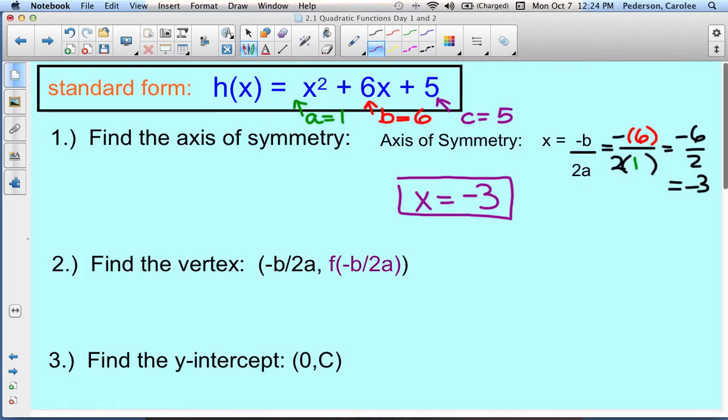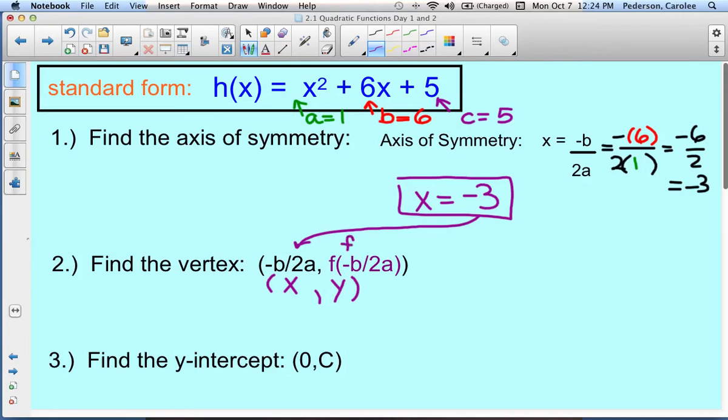Now we're going to go to step 2. We want to find the vertex, or that critical point, the maximum or minimum point on our graph. So to find that, what we found in step 1, our x equals negative 3, is the x of our ordered pair. And now to find our y, we're going to evaluate the function for negative 3.